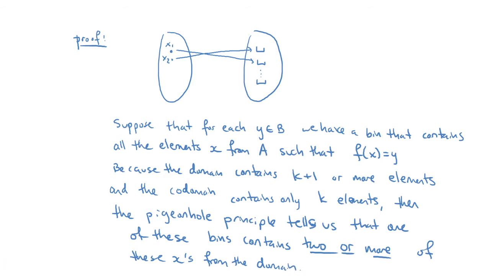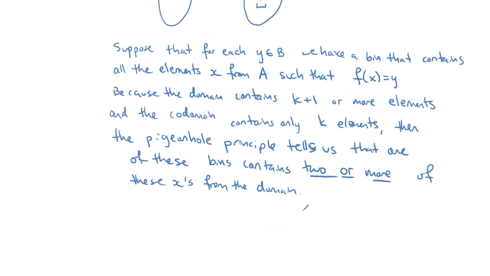Okay? And that means that f can't be 1-to-1, because then you have two distinct elements that are in the same bin, effectively. So they have the same output. So that means that f cannot be 1-to-1, right?